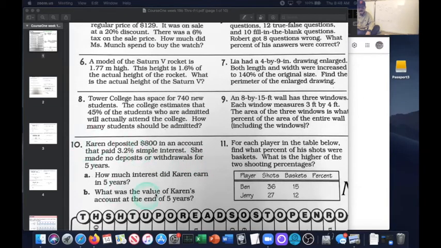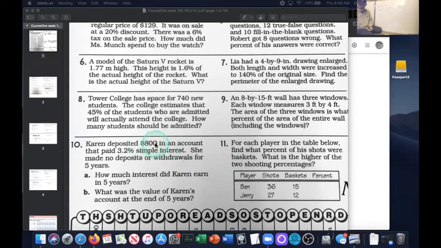All right, now 10 might be hard even if you know what you're doing here, because this is something you might not be familiar with. Now, when we looked at percentages, I'm not sure if we did simple interest. I usually do, but I might have thrown it out because it's kind of tough to do everything in the Zoom thing.